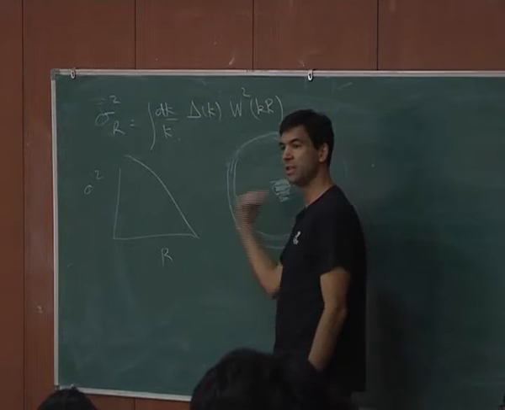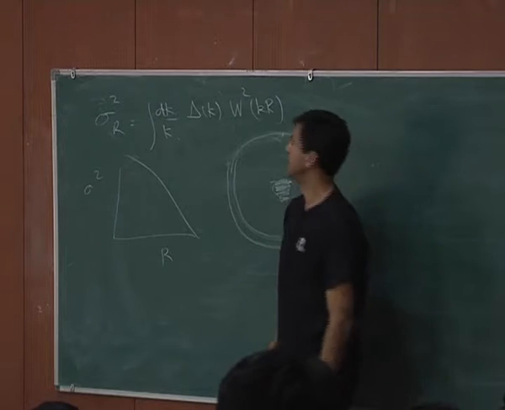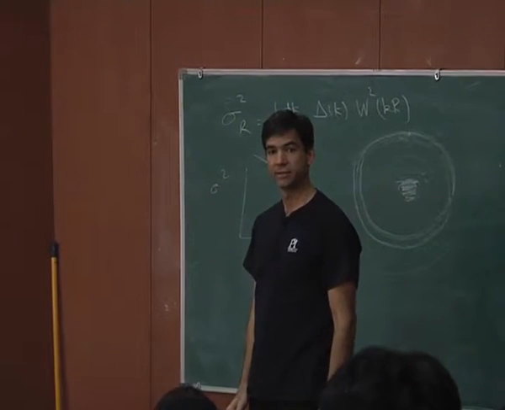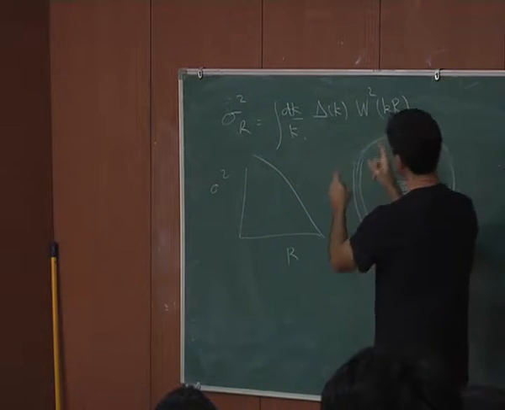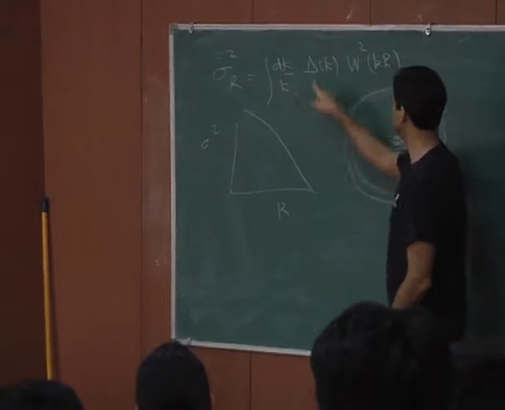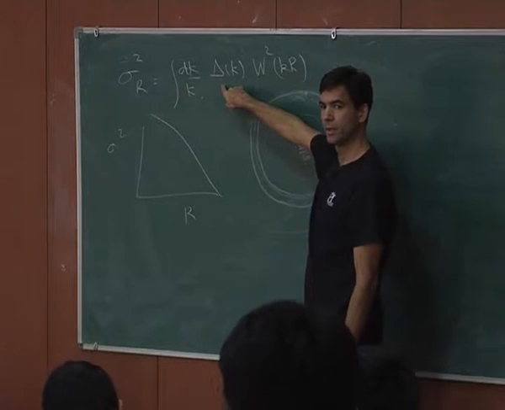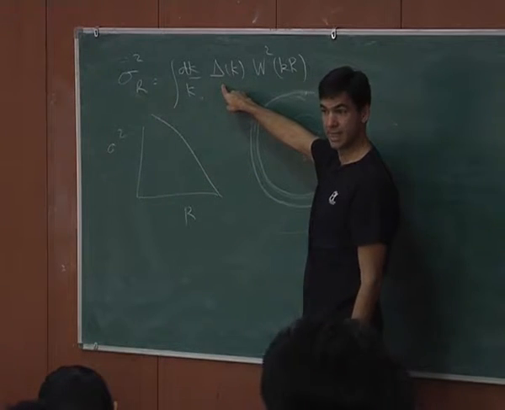The universe is homogeneous on large scales. And so if I choose to plot on that axis sigma squared instead of R, then the translation between R and sigma squared depends on the shape of the power spectrum. But in terms of sigma squared, all Gaussian random fields are the same.